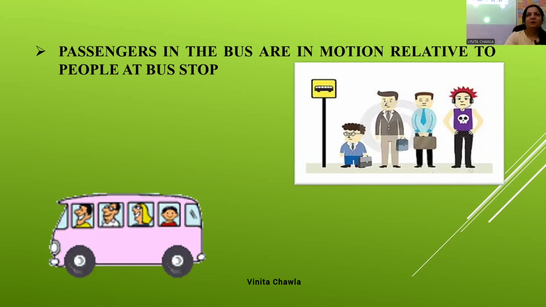So passengers are at rest with respect to each other. People who are standing at the bus stand are also at rest with respect to each other. But for the people standing at the bus stop, passengers are moving in forward direction. And for the passengers, those people standing at the bus stop are moving in backward direction because the relative distance is changing.